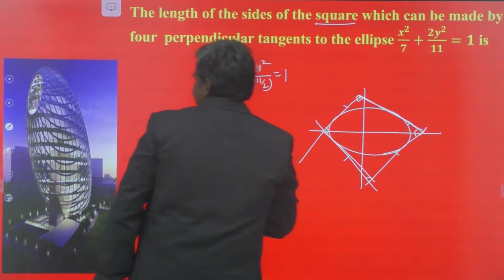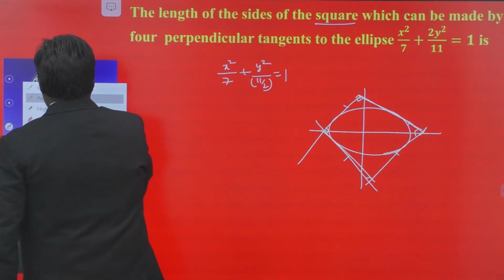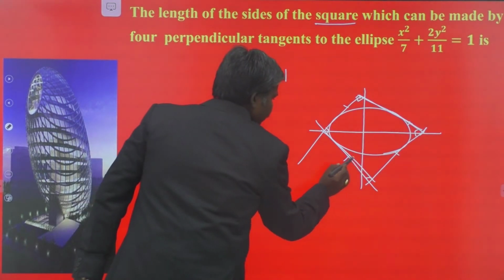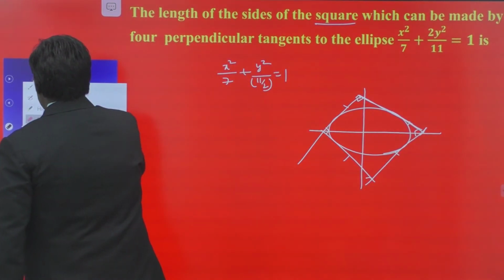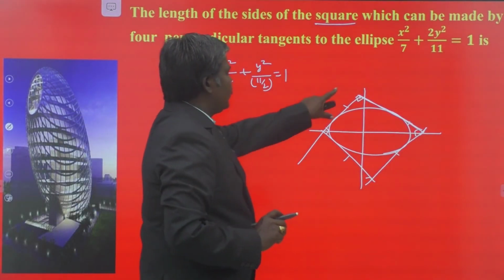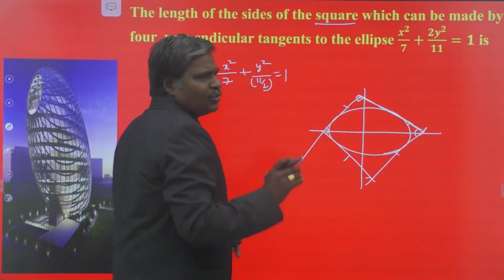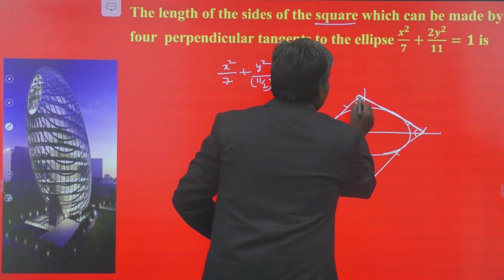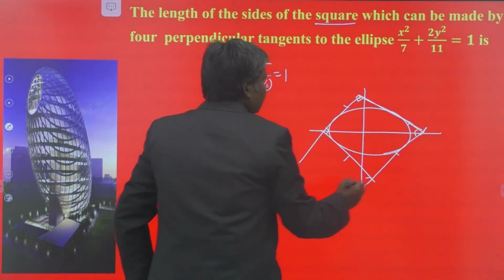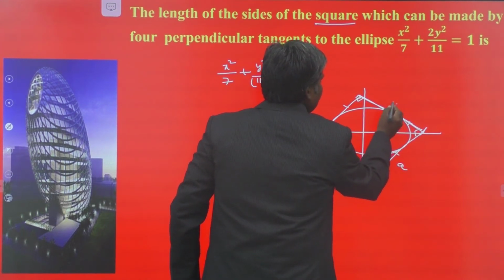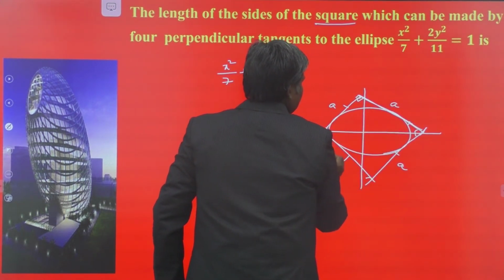This is your square. We have to find out the length of the side of that square. Suppose the length of the side is a units.